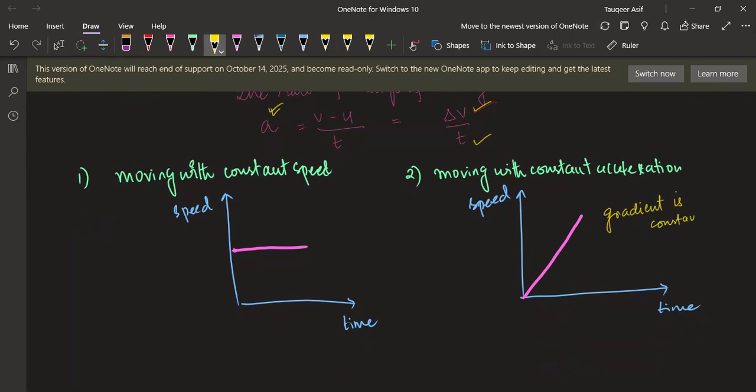And here, what does the gradient of a speed time graph represent? The gradient of the speed time graph represents acceleration, and we have to specify its magnitude: magnitude of acceleration.